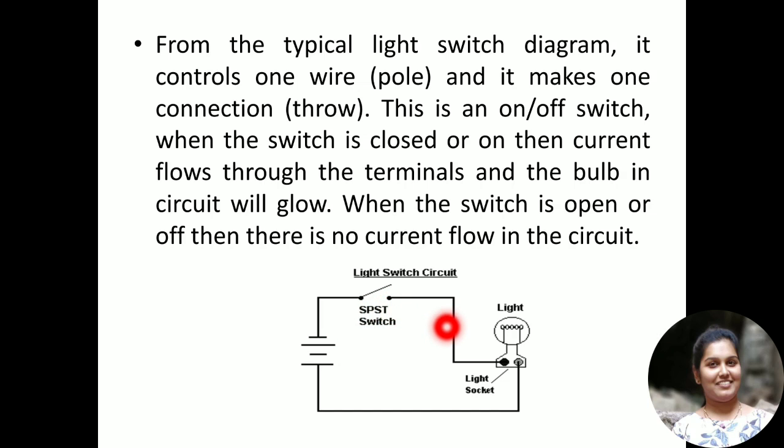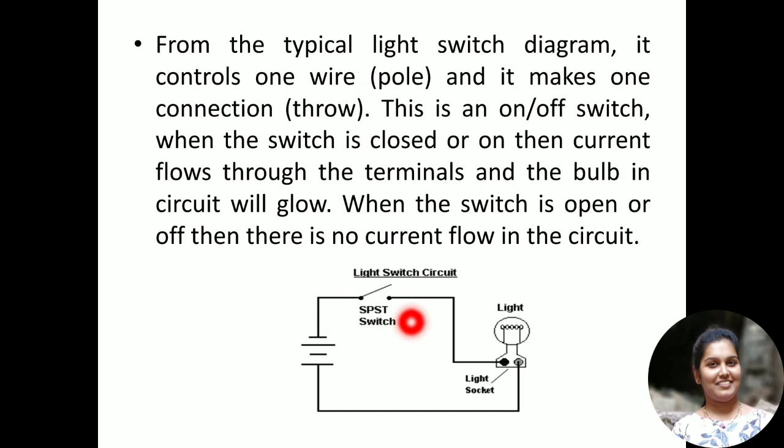As the circuit is made, if we break the circuit, or if we move the wiper or the throw from the pole into the upward condition, there will be a breakage in the circuit as shown in the diagram. Now the switch is in open condition.